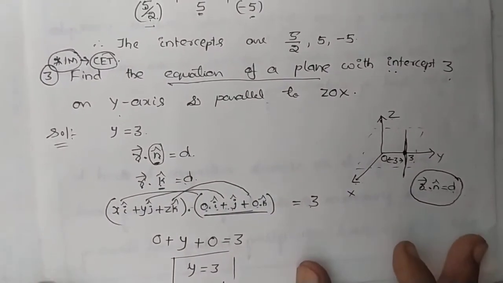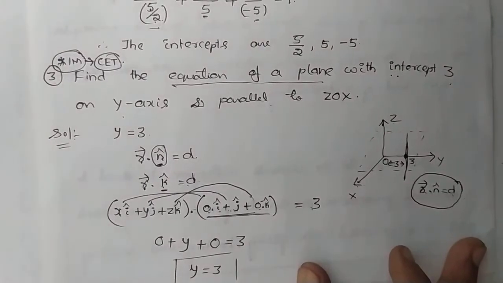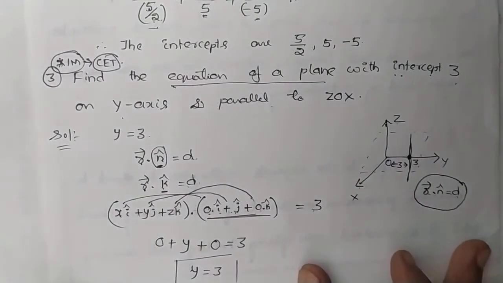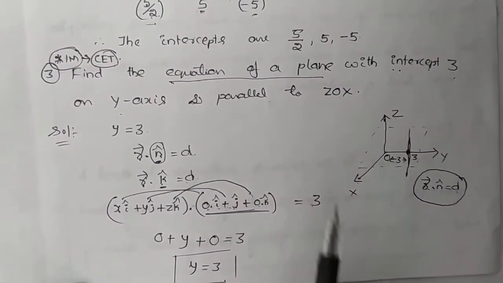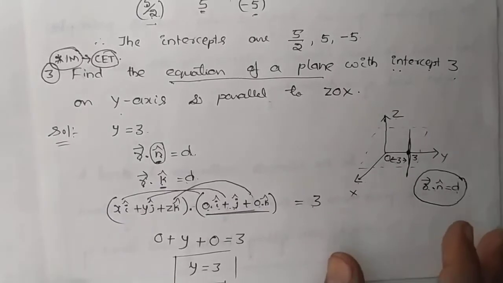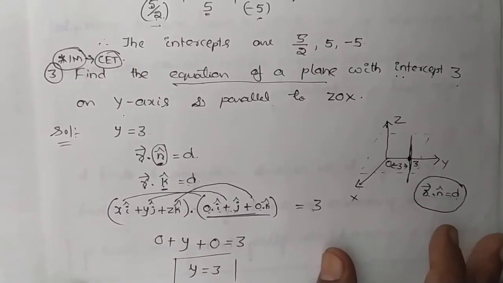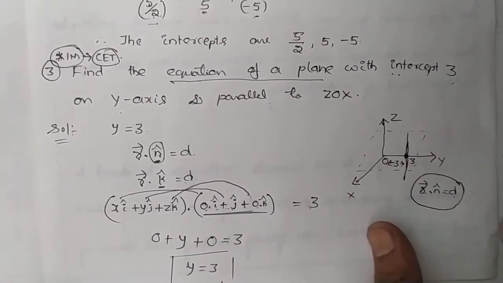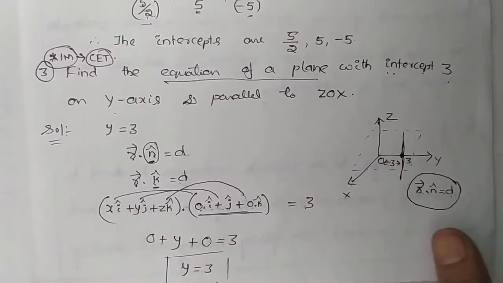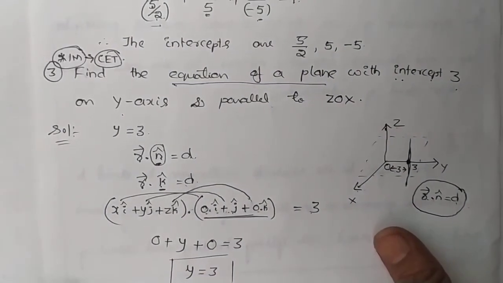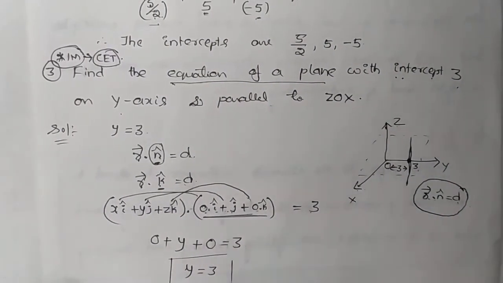Hence, this is the derivation of the intercept form of the equation of a plane along with their problems. These are the 3 problems related to the previous derivation. The derivation is not that important for examination, but the problems related to it are important for 1 mark. Very simple problems these are.